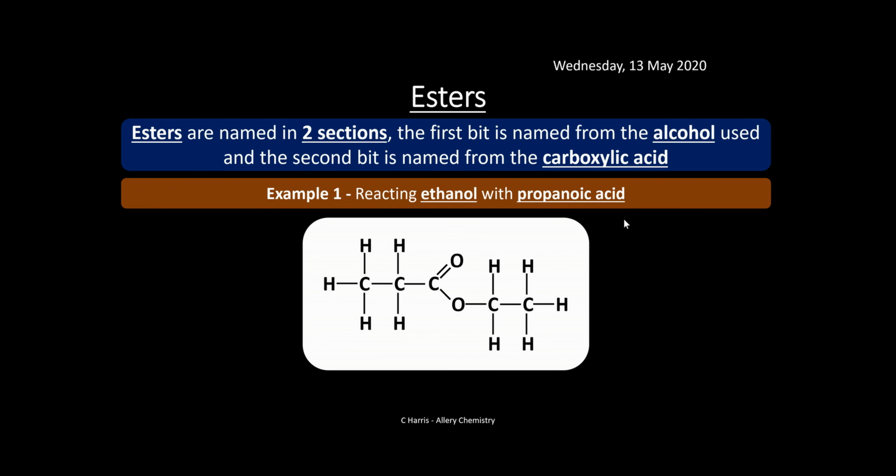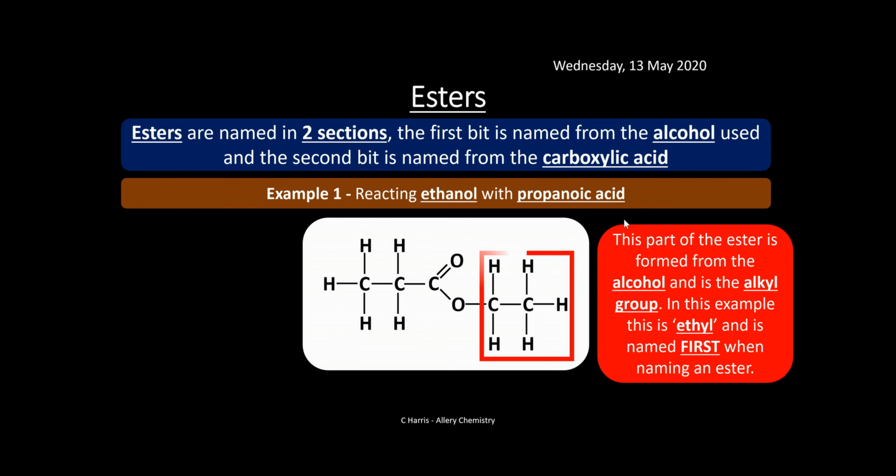We've got the formula drawn, but we're going to name the compound using the naming. The first bit of the ester is formed from the alcohol group, the alkyl group on the end there. In this example, it's ethyl, and this is named first when we're naming an ester. That has come from the alcohol you can see in red there.